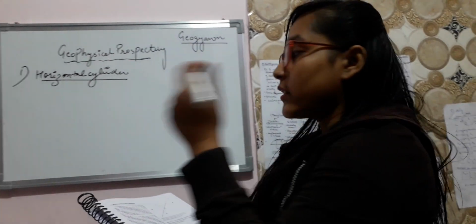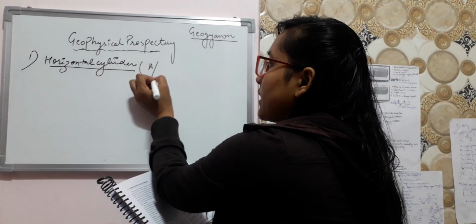So the horizontal cylinder is used for the anticline as well as the syncline.